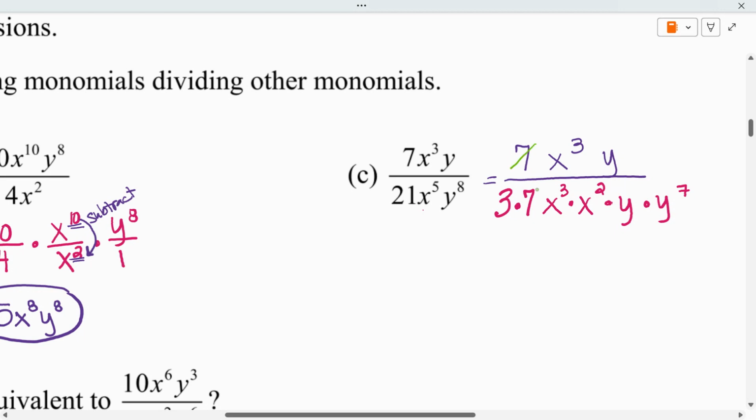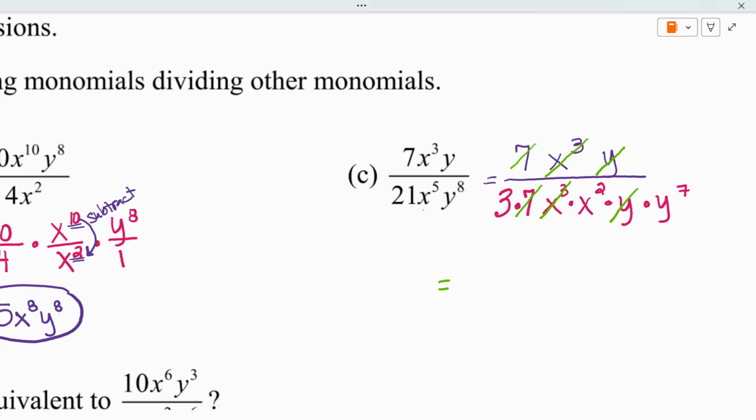So let's see. I have a 7 in the numerator and in the denominator. I have an x cubed in the numerator and in the denominator. I have a y in the numerator and in the denominator. What do I have left? What's in the numerator? 1, right? 7 divided by 7 is 1.